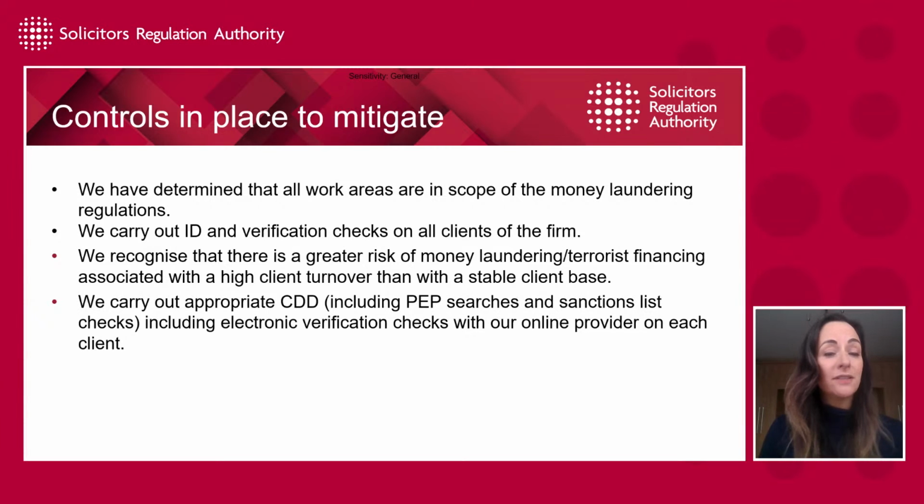They talked about the customer due diligence checks that they do, and mitigation might include things like taking steps to authenticate a client's claim of identity, or ensuring that robust measures are in place to establish ultimate beneficial ownership.